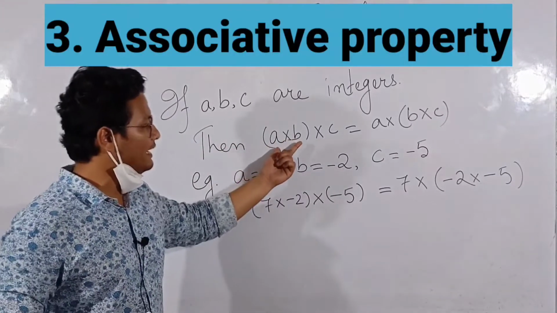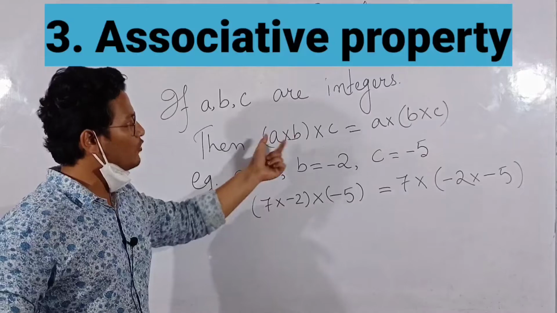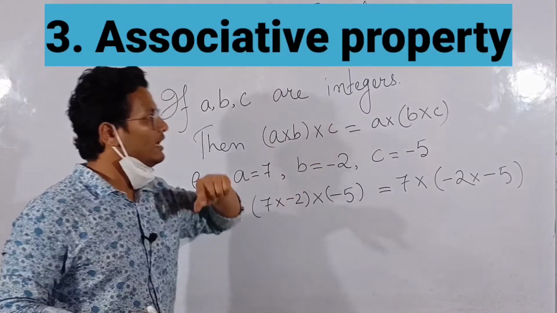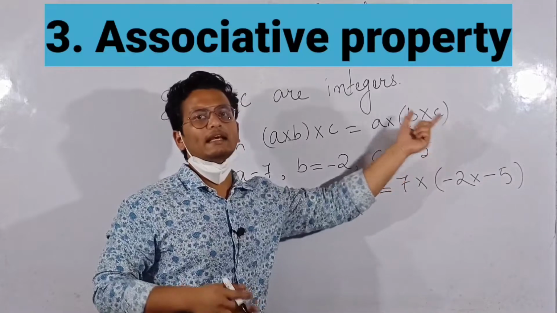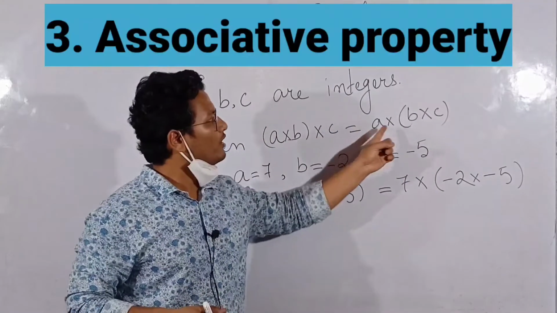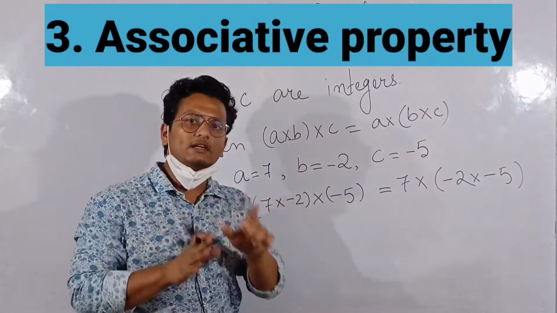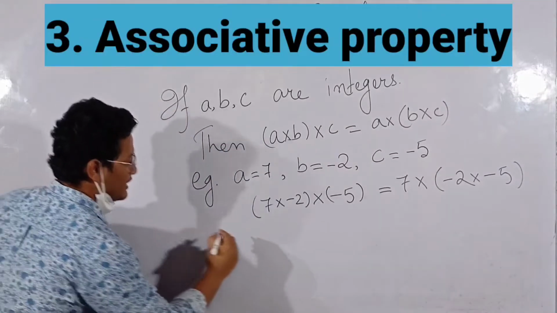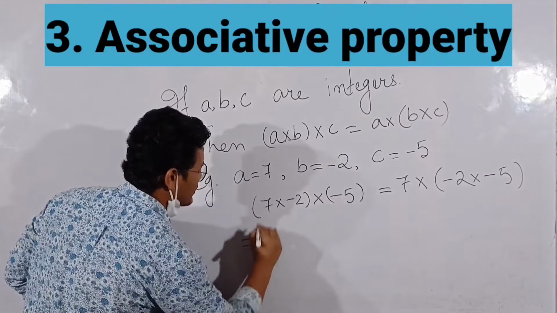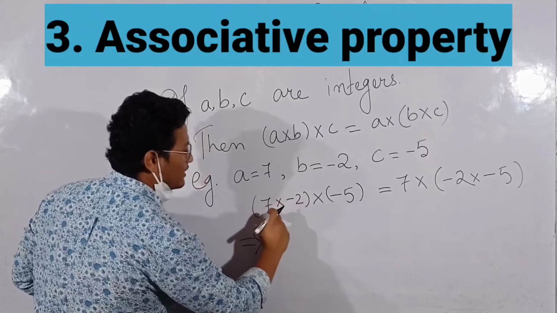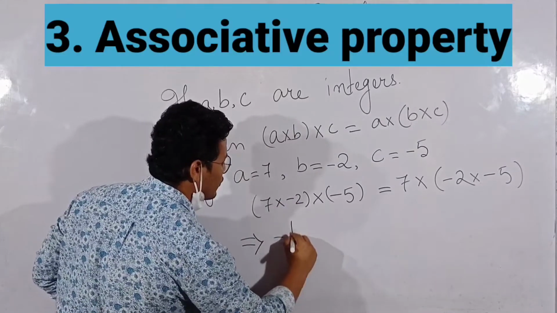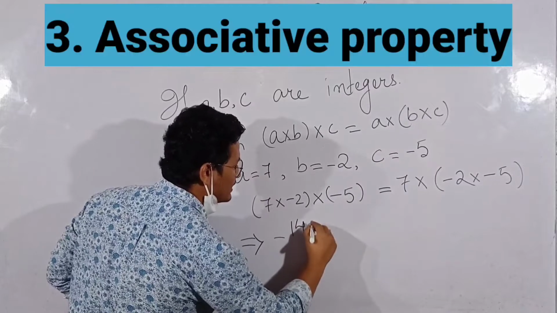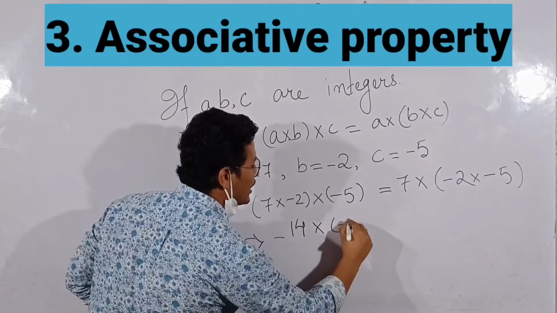If we multiply A into B first, then with that product we multiply C, it will be the same as when we multiply B into C and then multiply A with that product. 7 into 2 is 14. What will be the sign? Positive into negative is negative, right? So -14 into -5.